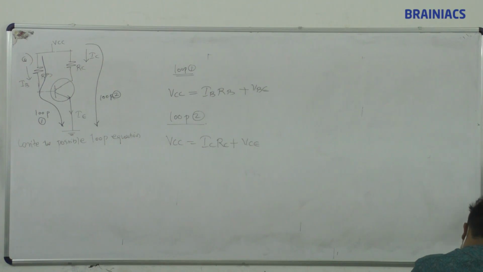Next question. In the circuit shown below, the current gain beta is equal to 100.